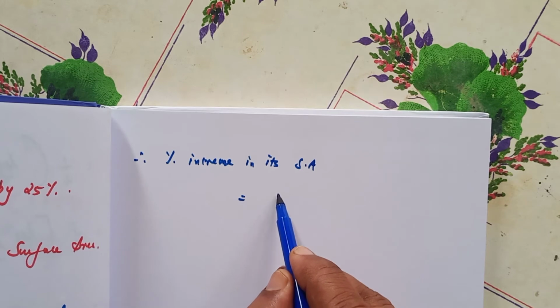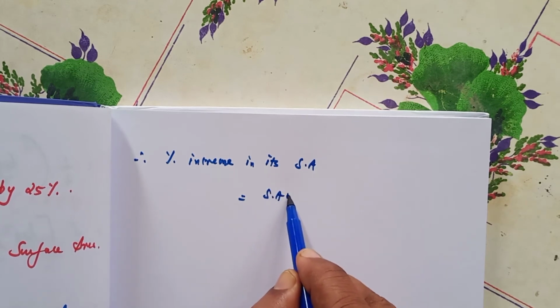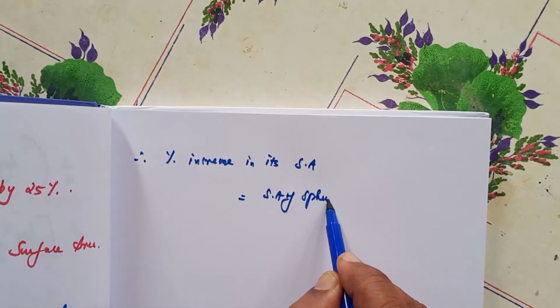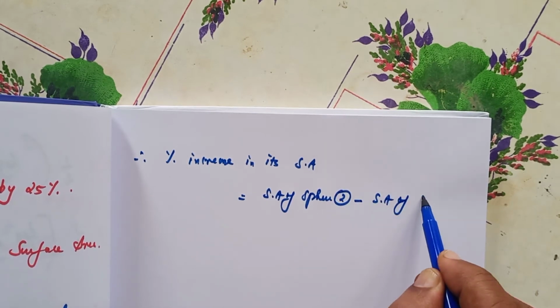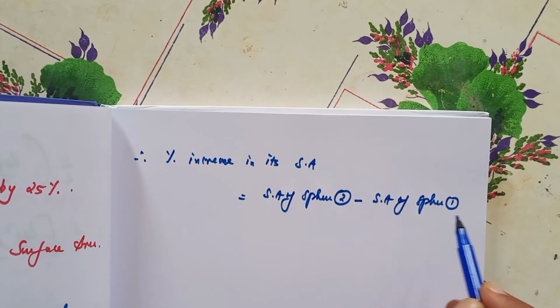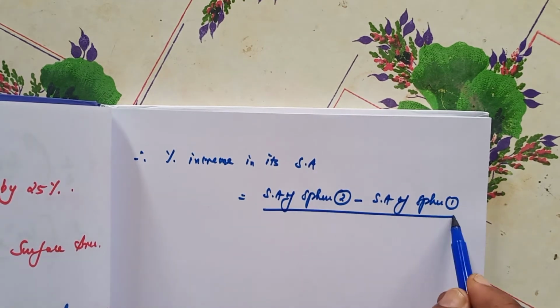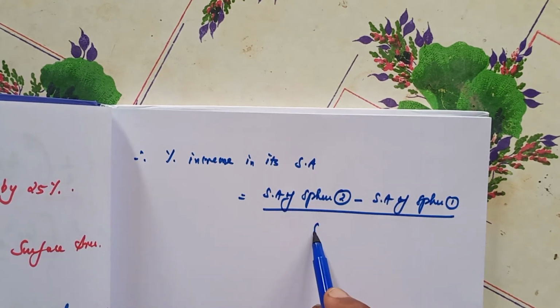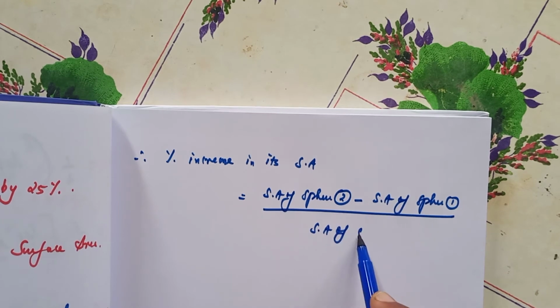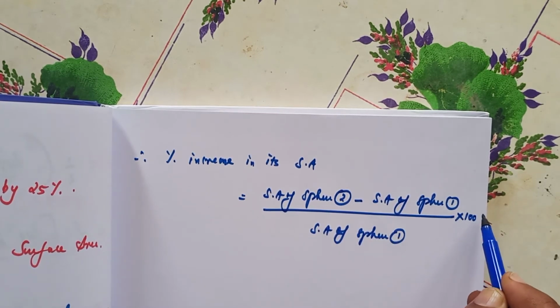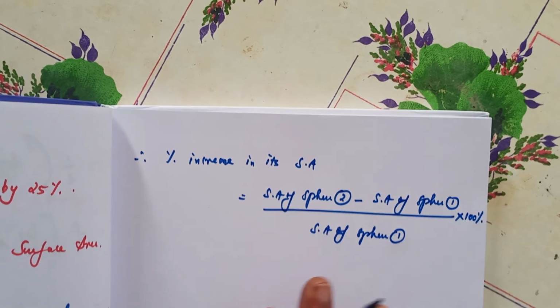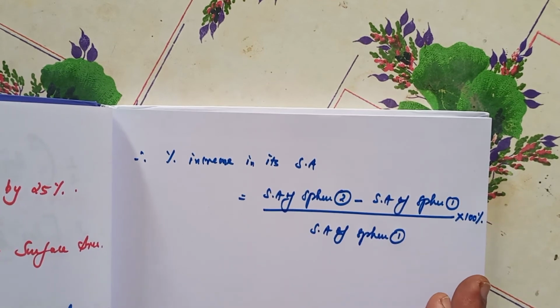That means surface area of sphere 2 minus surface area of sphere 1 divided by original sphere surface area, I mean surface area of sphere 1, into 100%. This is the formula to find the percentage increase of surface area.